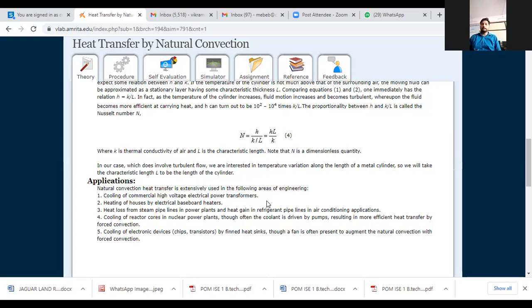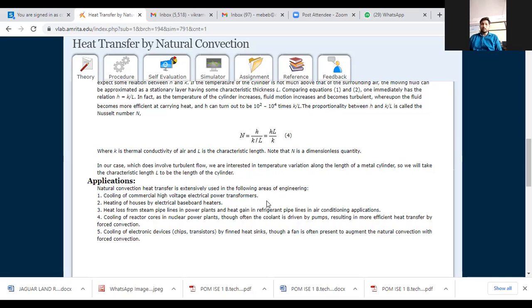Okay, so then in the winter season, some people are using heaters in the room. The heat transfer from the heater to the entire room, that particular simulation or understanding, is also based on the natural convection concept.